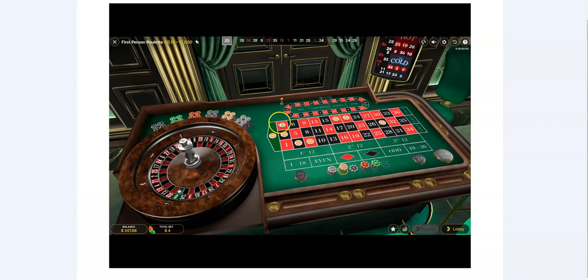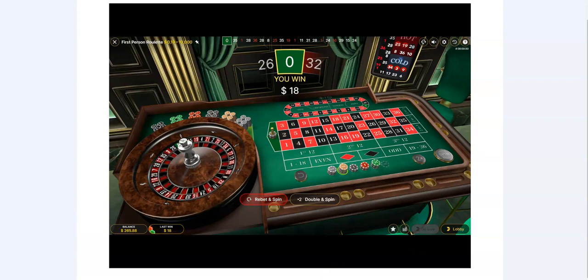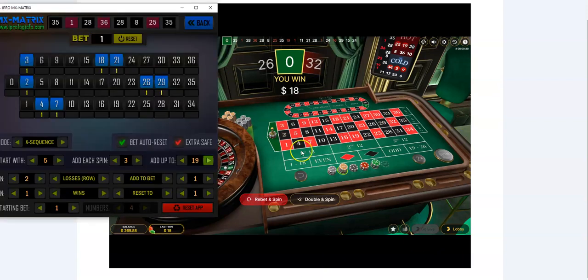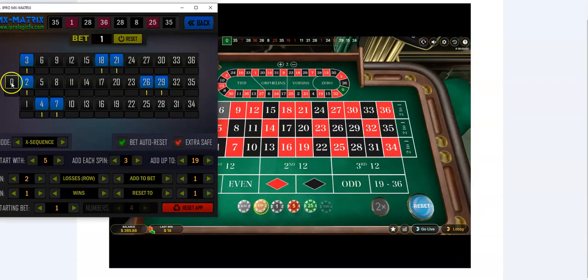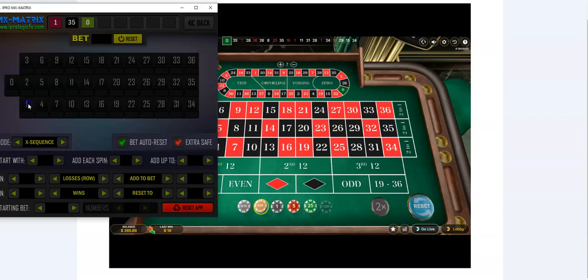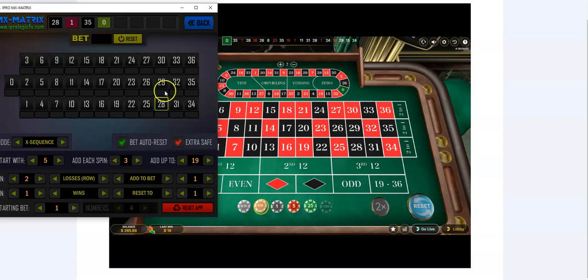Of course, there we go. A win is a win. I'll take it. And a high slice. Okay. So in this case, because that 0 is default and I would hit it anyway, what I do is I hit reset app. I want to go backwards: 0, 35, 1, 28, 36, 28 again, and then 8.